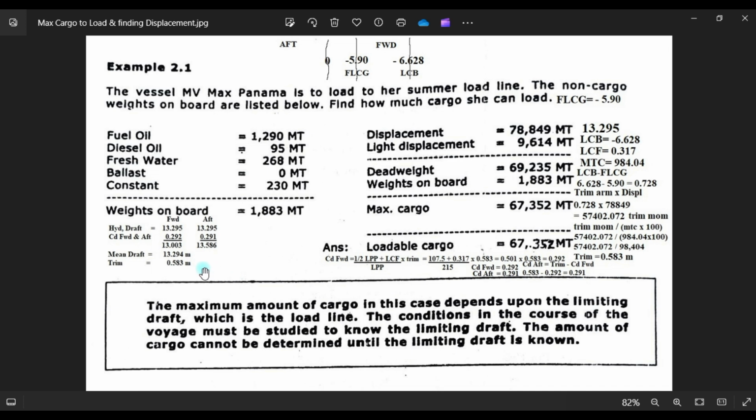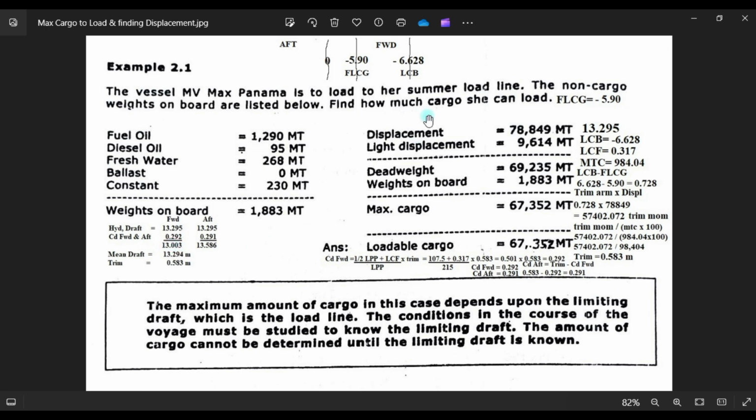Now you put your departure drop or summer drop, which is 13.295, forward 13.295 and aft 13.295.